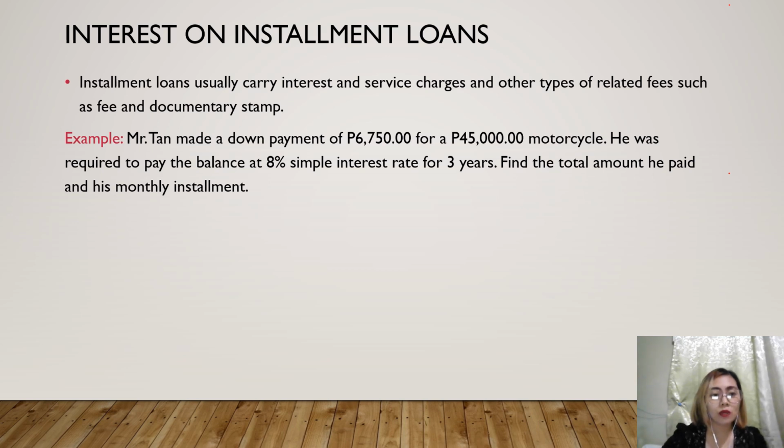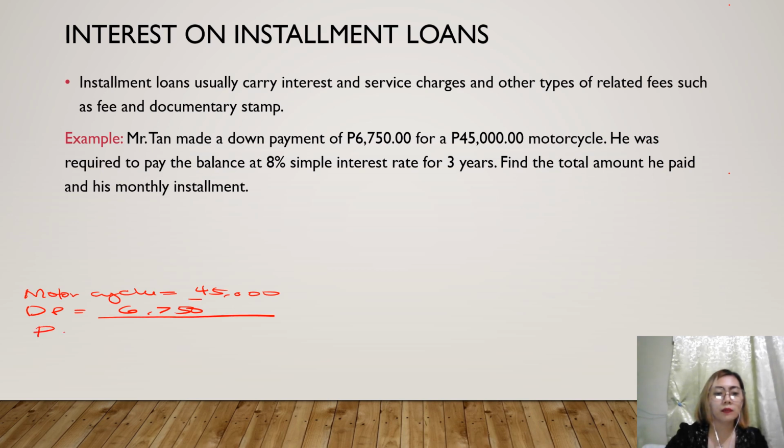So, yung cost ng motorcycle is equal to 45,000. Then, yung down payment is 6,750. Ililess lang natin yan, okay? Para makuha natin yung magiging principal amount.